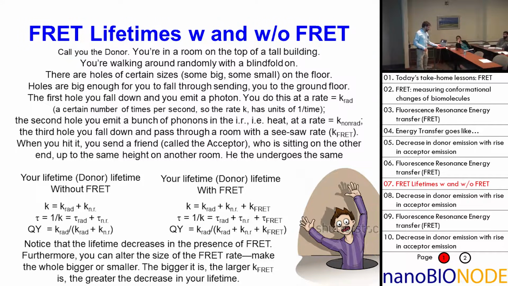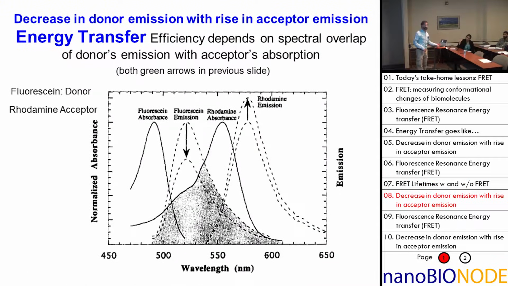So the only thing that we, yes? Yeah, so this works if basically the transfer of energy to the acceptor becomes greater, given a short enough distance, than the loss of energy through heat or fluorescence.